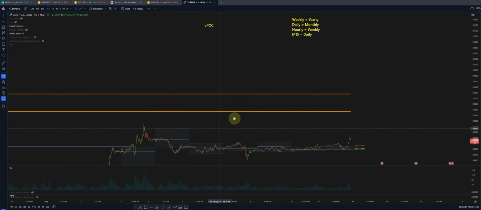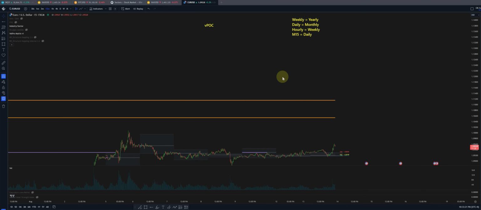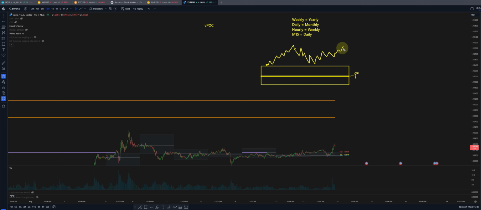What is the virgin point of control? If this is a value area and price opened somewhere here and never came to test the POC during the whole day, and the day finished.